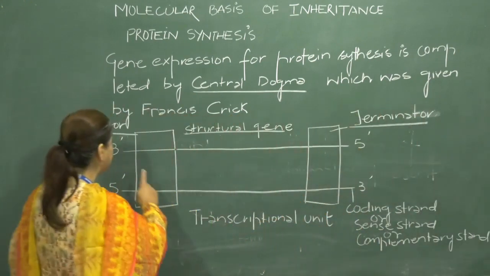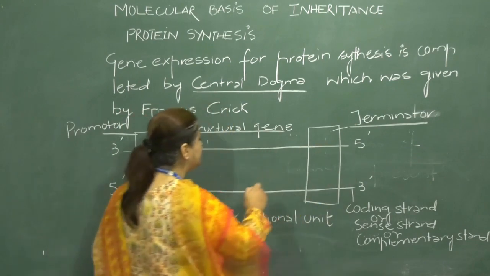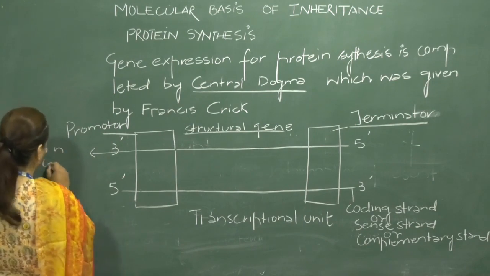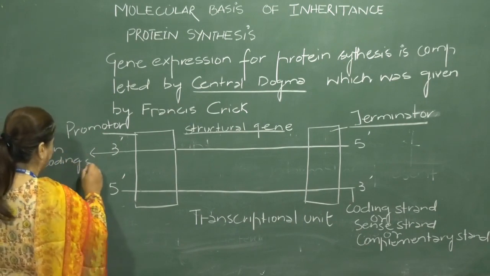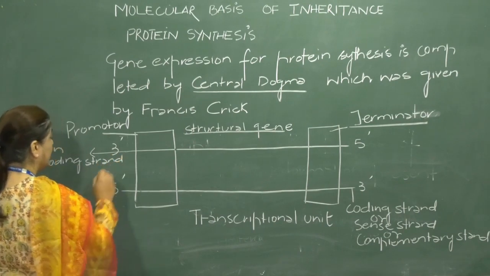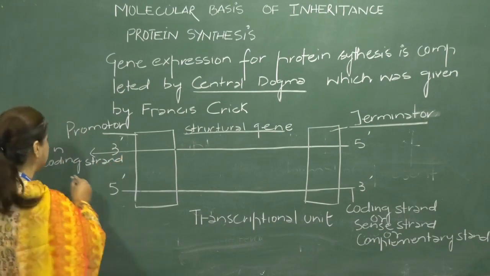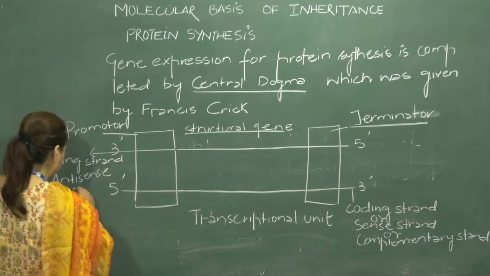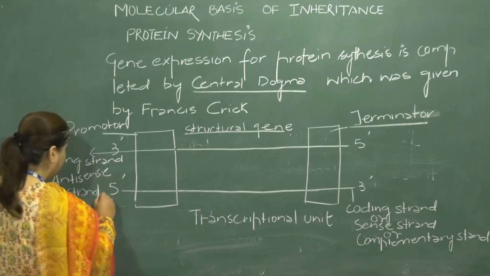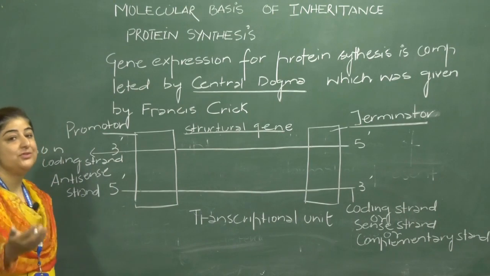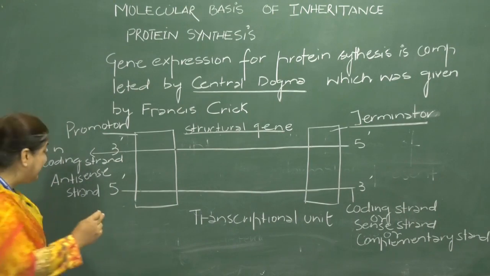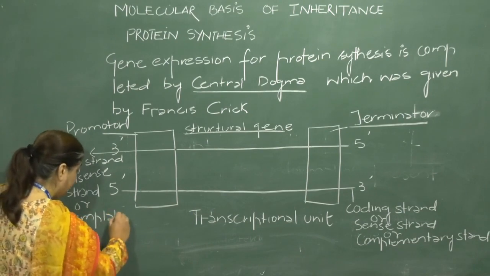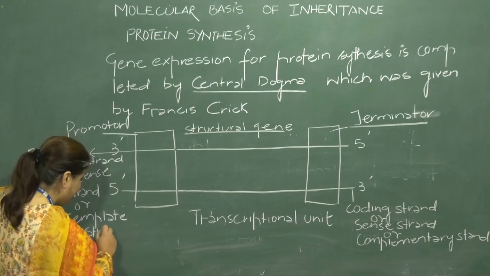And this strand, which has the polarity 3'-5', is termed as the non-coding strand. It may also be termed as the antisense strand, or this is also known as the template strand.